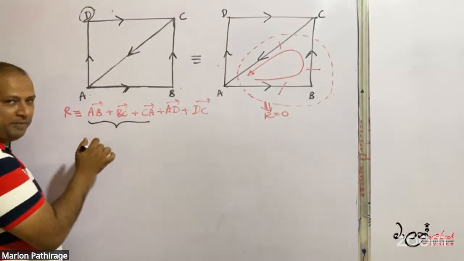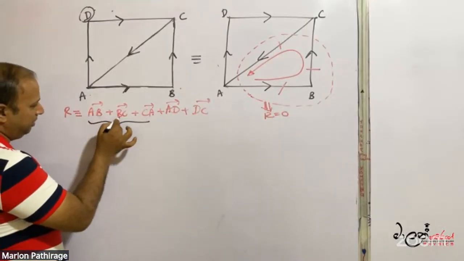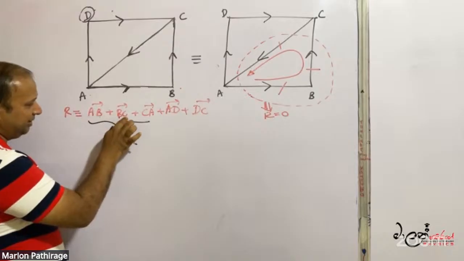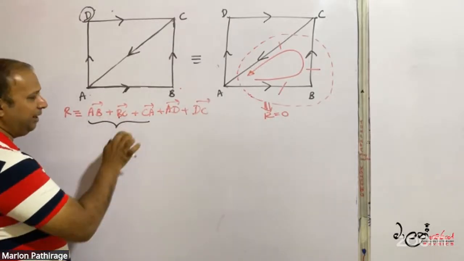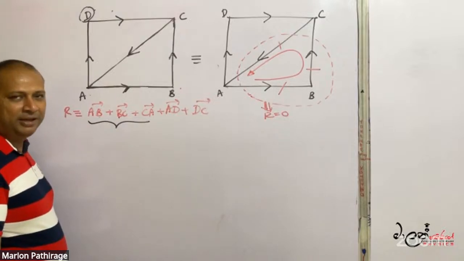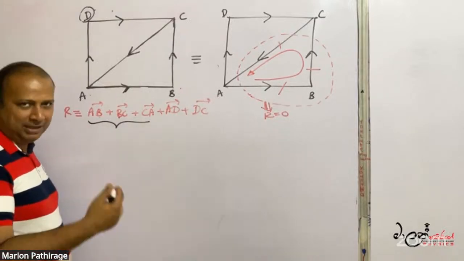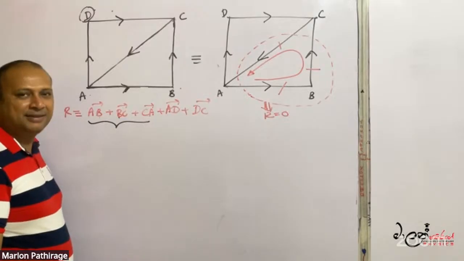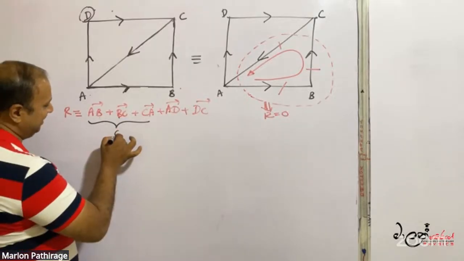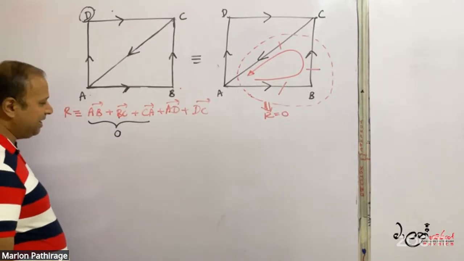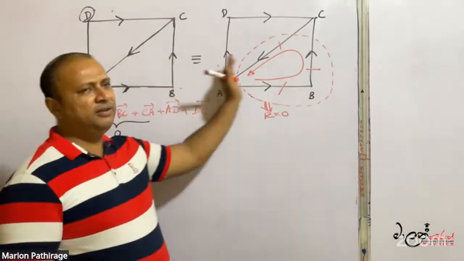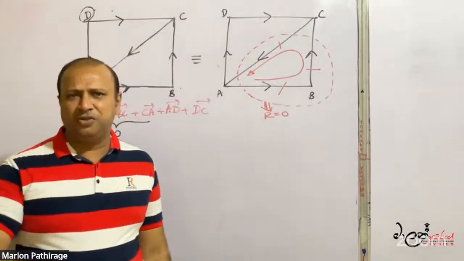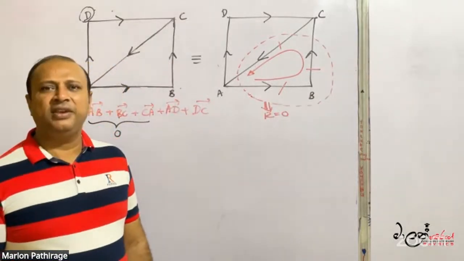B to B overlap and cancel, then C to C overlap and cancel, and the return is A to A. That means the result is 0. Therefore, if there is a closed loop, we can remove those three vectors.